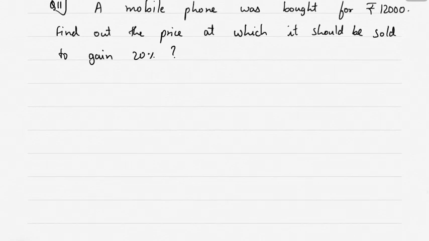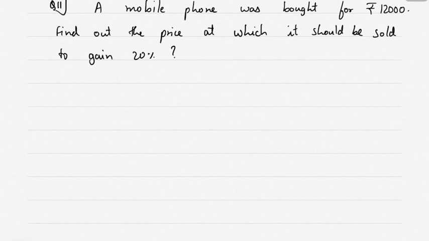A mobile phone was bought for rupees 12,000. Find out the price at which it should be sold to gain 20%. Okay. This is the simplest one. Whenever cost price is given, you don't have to assume anything. Cost price is given as 12,000.